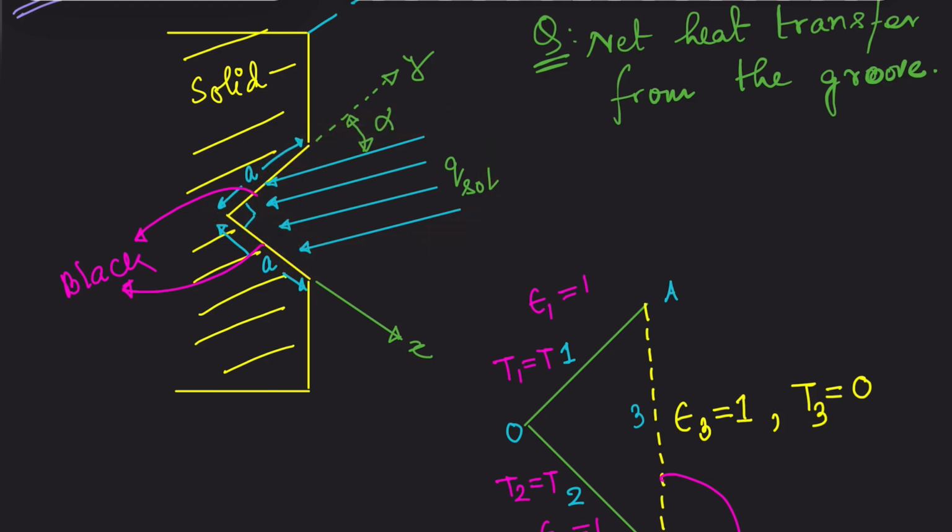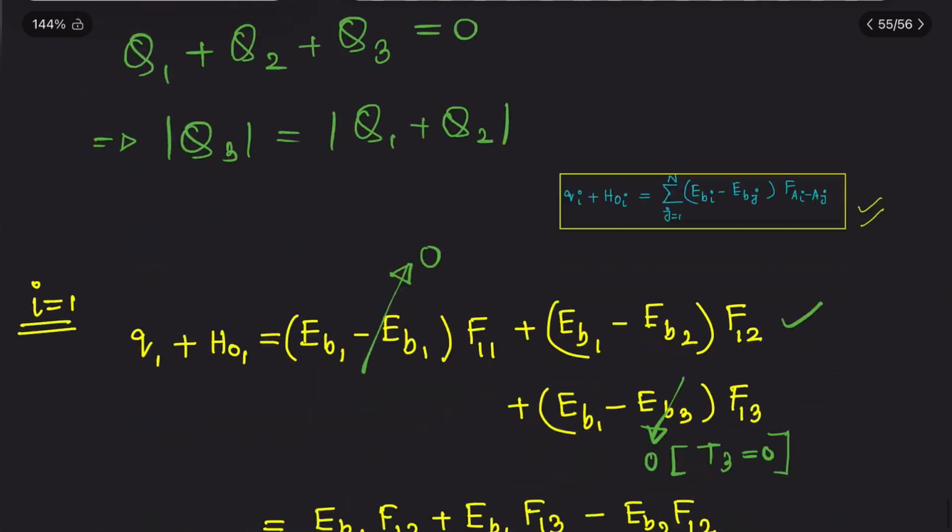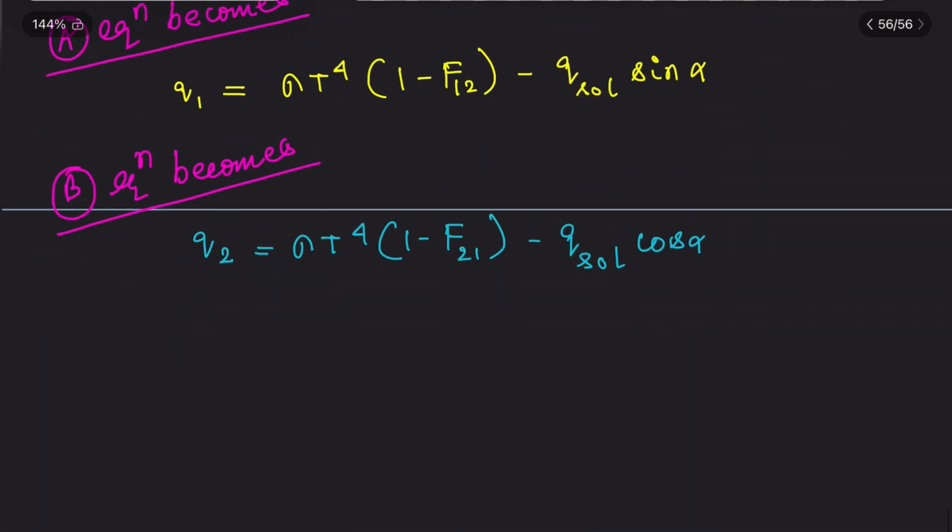What I am trying to say is, the way this surface sees this surface is exactly the same as the way this surface sees this surface, and that is why F12 is equal to F21. You can also write A1 F12 is equal to A2 F21. This is the reciprocity rule, and because A1 is equal to A2, F21 equals F12. That is also fine, right?